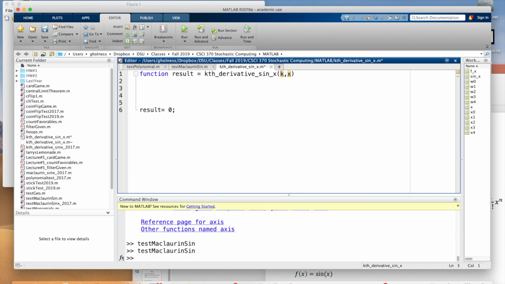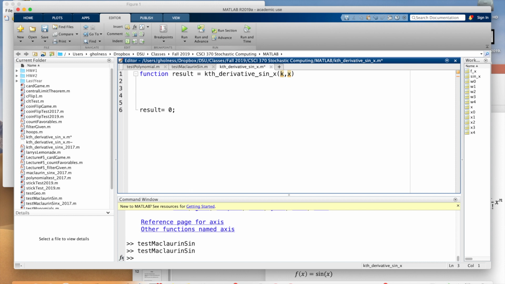So the first thing I want to do, and I'll ask you, let's take a look at the sine function. We need to compute the kth derivative, and we want to do it in a function. So let's first work through a few iterations of the derivative of the sine function and see if we can recognize a pattern. So this is the order, right?